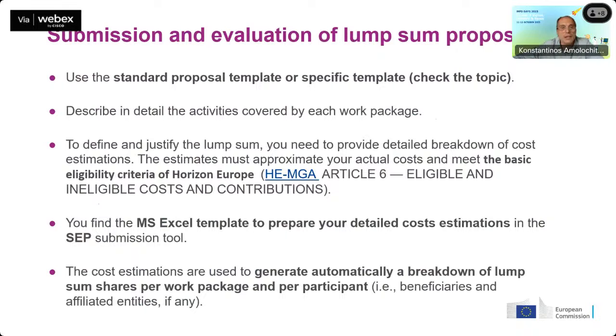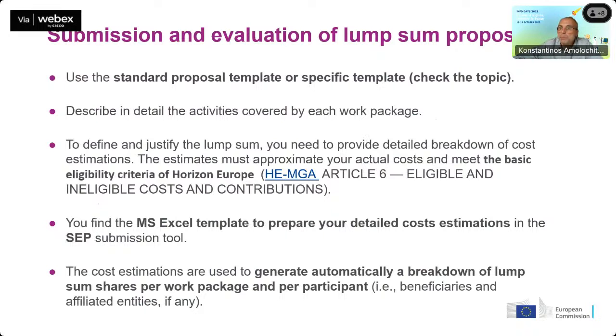So the template for the specific topic should be extracted from the participant portal and filled in, not the general template, to avoid any wrong information being submitted later on.